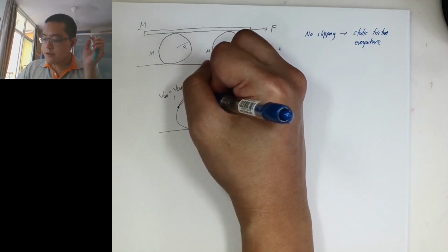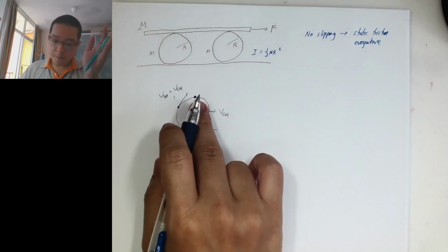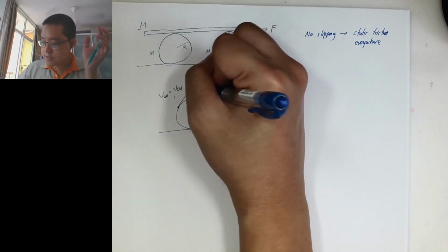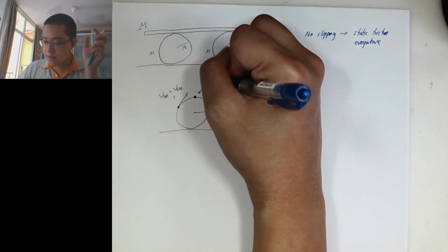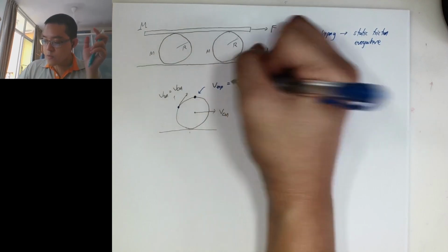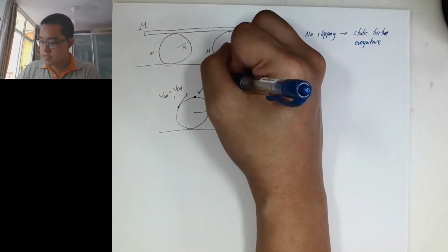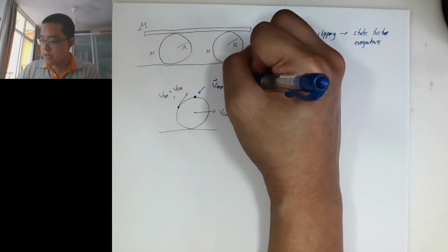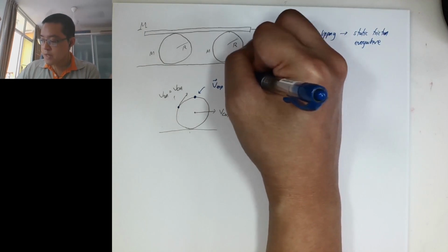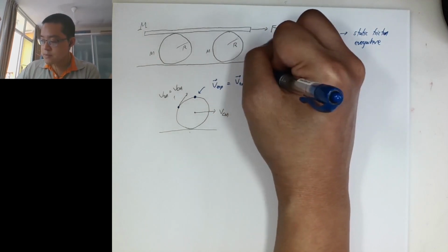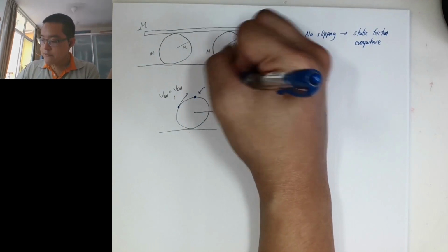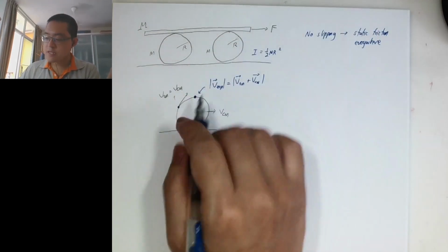What is the total velocity of the point on top? Let's say v on top. The total velocity on top is just the v tangential plus the v center of mass. And therefore, what is the magnitude of the speed on top?